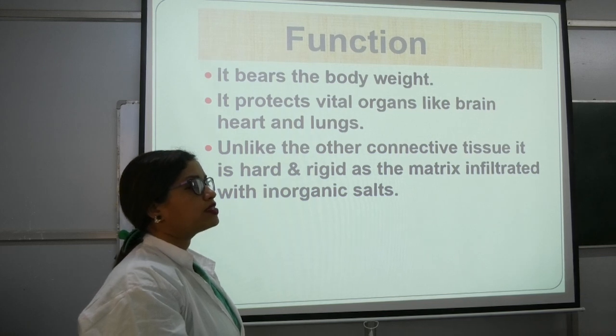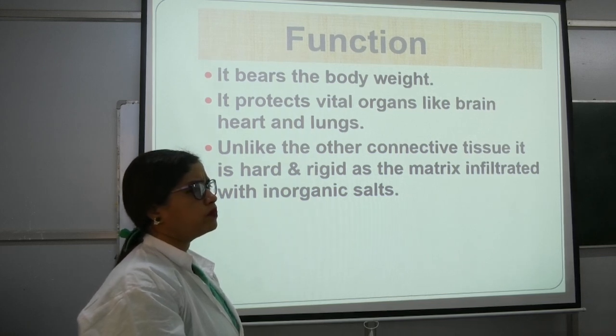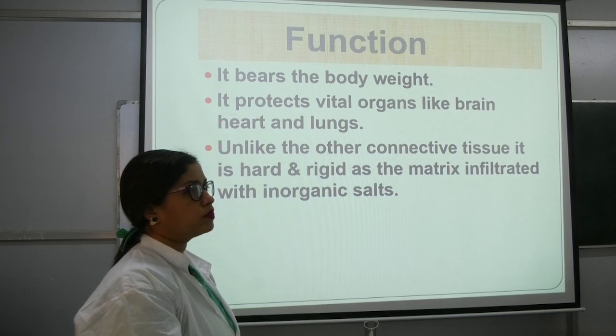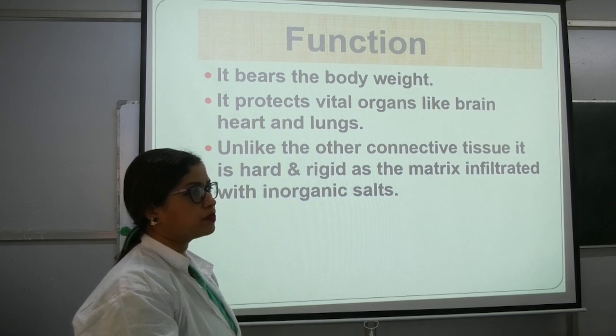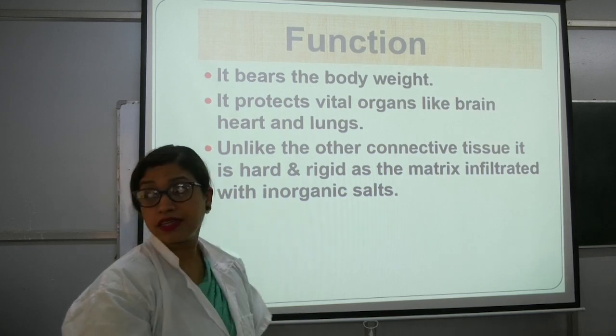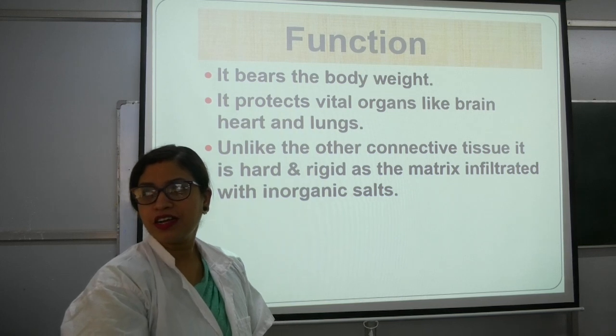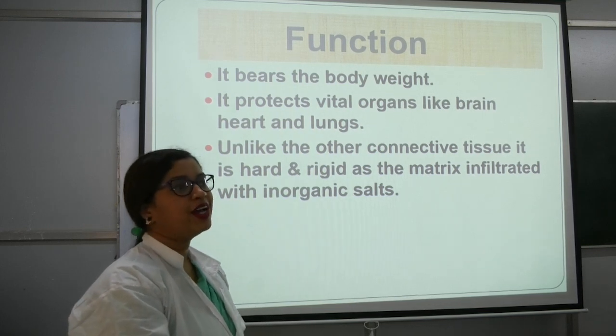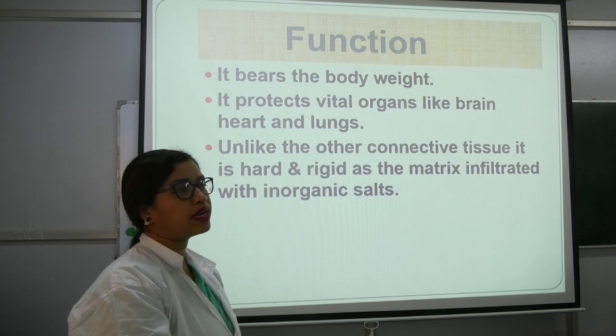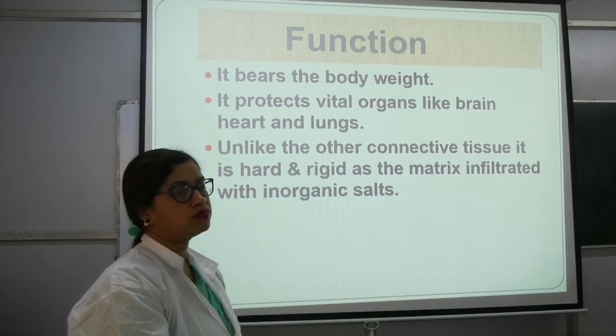Okay, so is there any organic substance in the bone? These are the inorganic salts. Is there any organic substance in the bone matrix? You know the chemistry, right? So what is the organic substance that would be found in the bone?